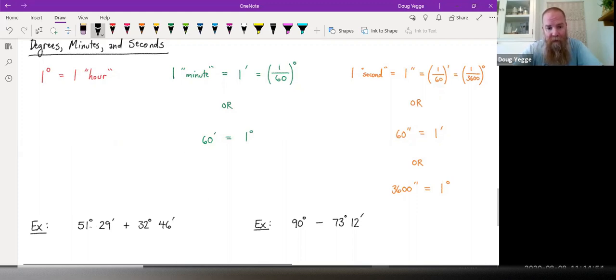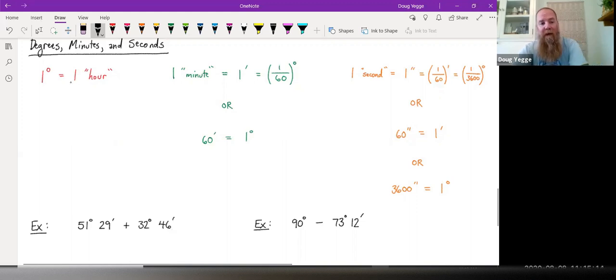The way that we describe this angle right down here is 51 degrees and 29 minutes. This angle is somewhere between 51 degrees and 52 degrees. So how do we end up describing this 29 minutes or this 46 minutes?